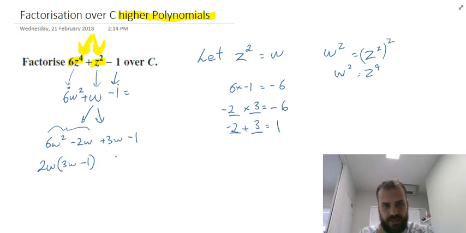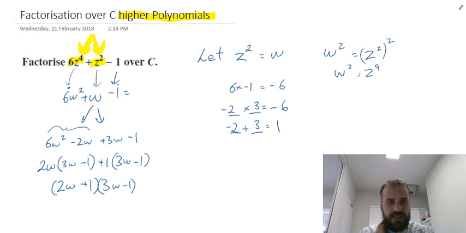Repeat that factor, so it's going to be 3w - 1 again. And 3w - 1 times what makes 3w - 1? Positive 1. Then I can put 2w and positive 1 in their own set of brackets, and we end up with (2w + 1)(3w - 1).